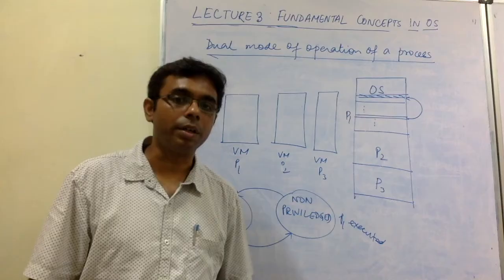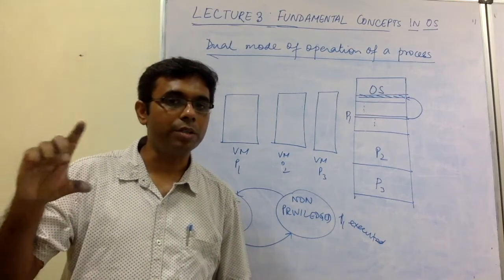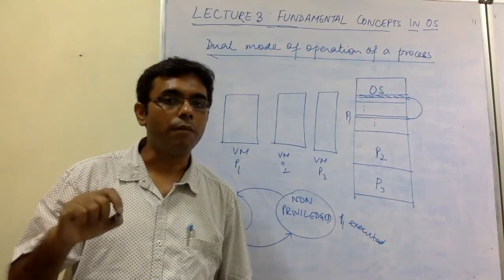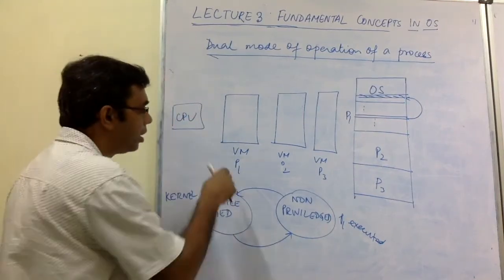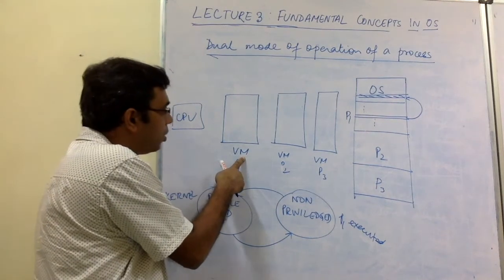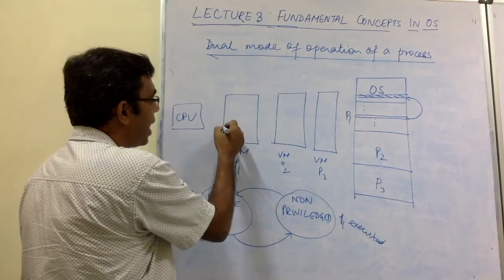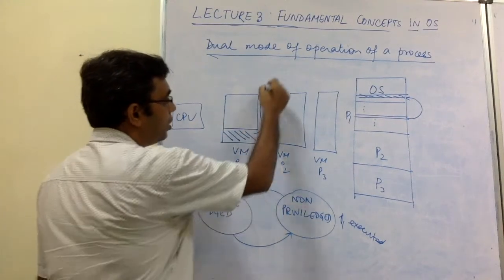So it's important that some portion of the OS code is mapped to the virtual address range of the process, which means that the virtual memory map of the process P1, which is maintained, must have some pointers to this particular code.